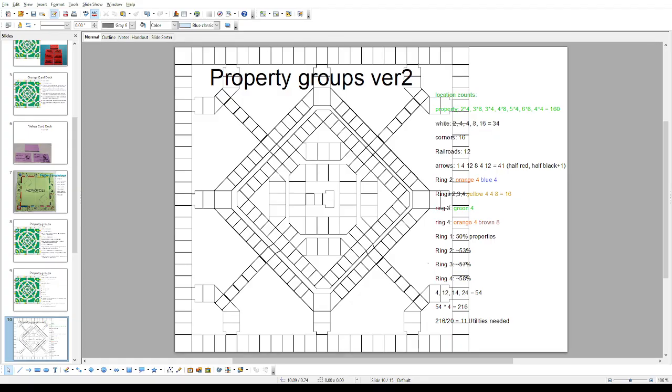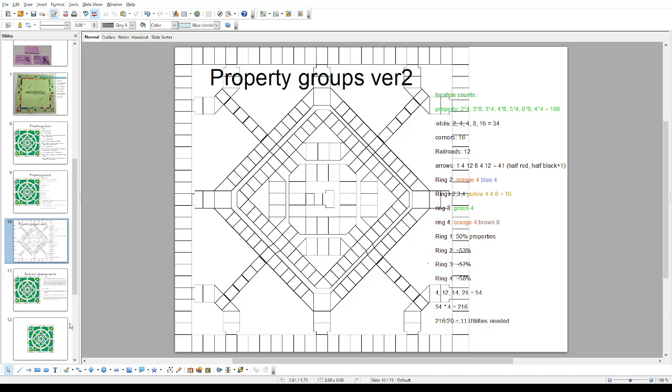Okay, so let's look at this and decide which ones we actually want to use. This box is full. Duplicate slide.